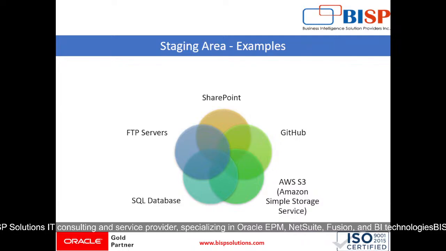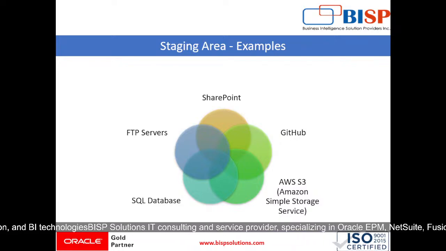Then comes GitHub. GitHub can be used as a version control repository for staging data migration scripts and data transformations, while not typically being used for storing raw data.